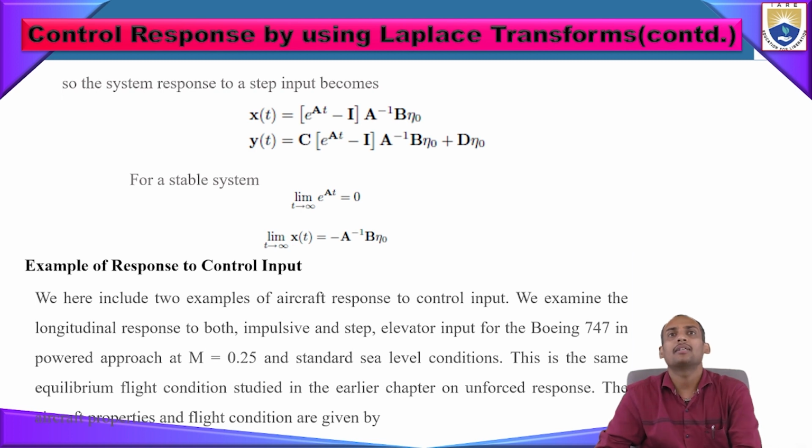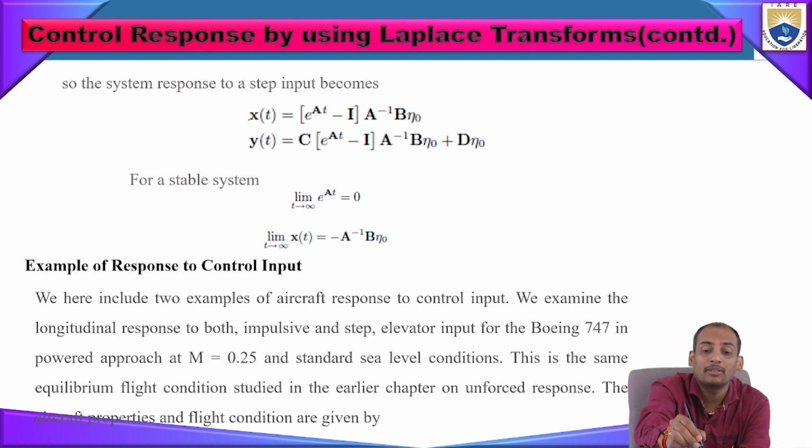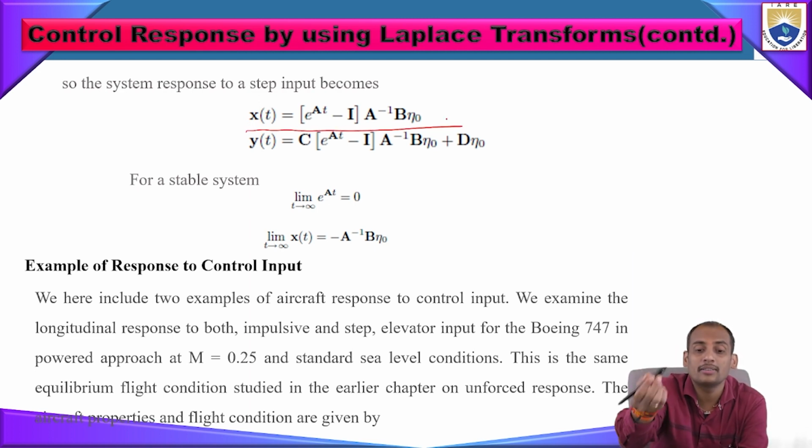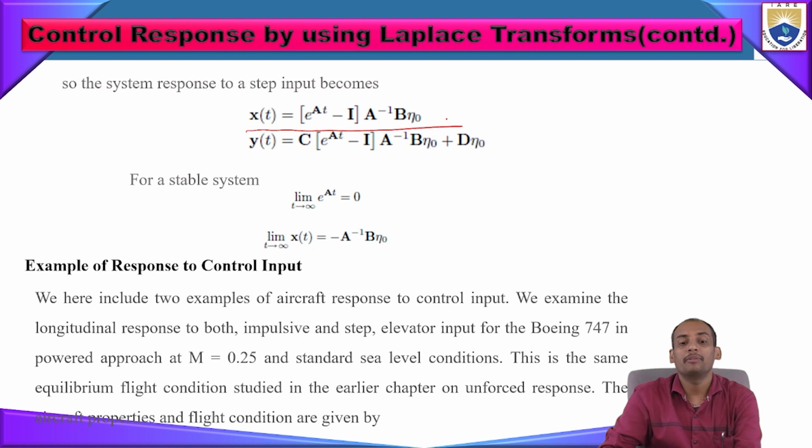Then the response for this type of Heaviside matrix: x of t will be equal to e power At minus I into A inverse into B eta naught, and y of t will be equal to C into e power At minus I into A inverse B eta naught plus D eta naught.